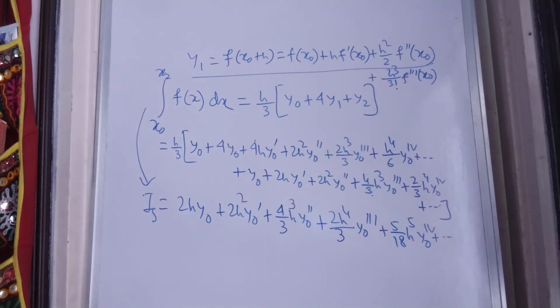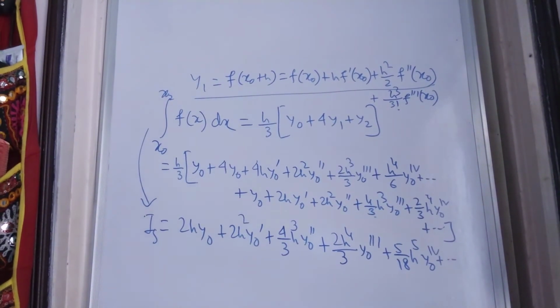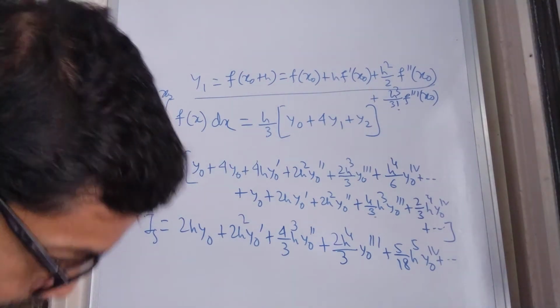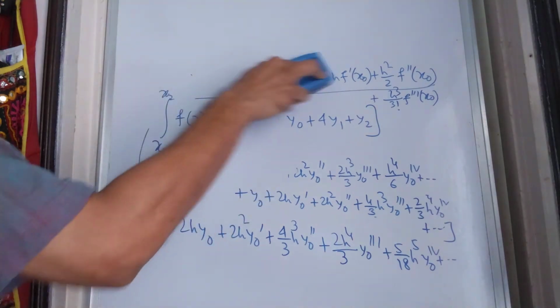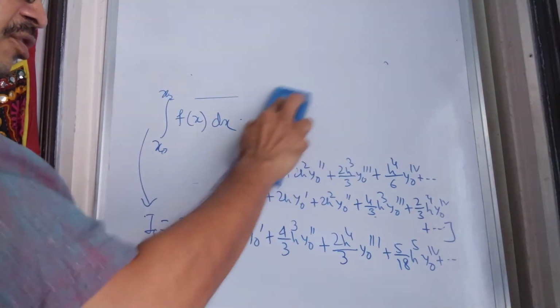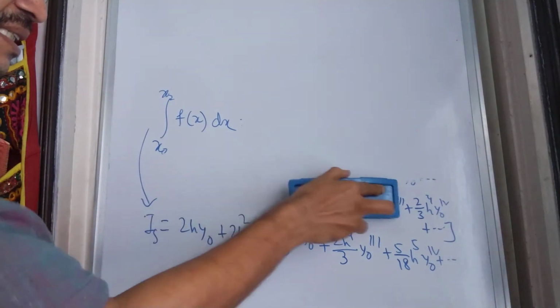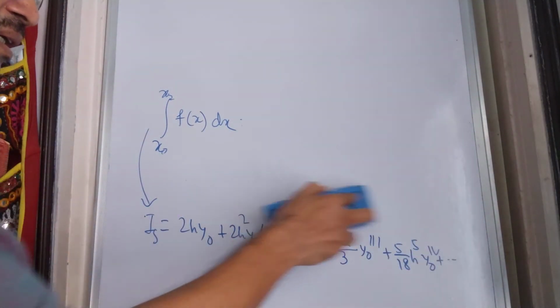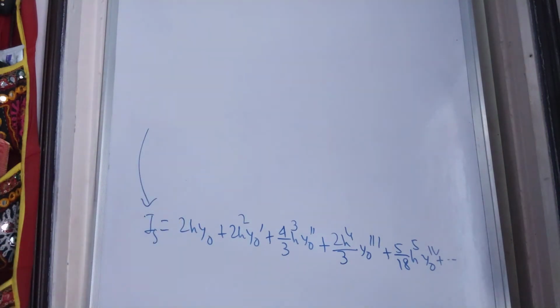Now we intend to find the exact value of this integral. How can we do that? Obviously we will employ the same technique of expanding this in terms of Taylor series expansion.